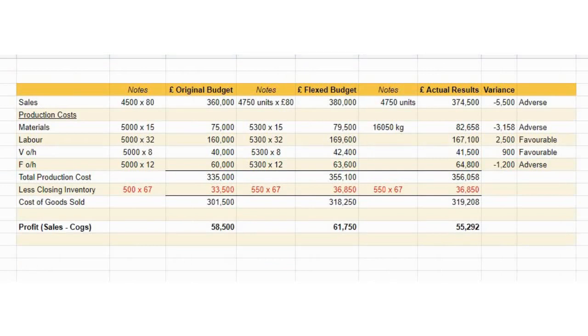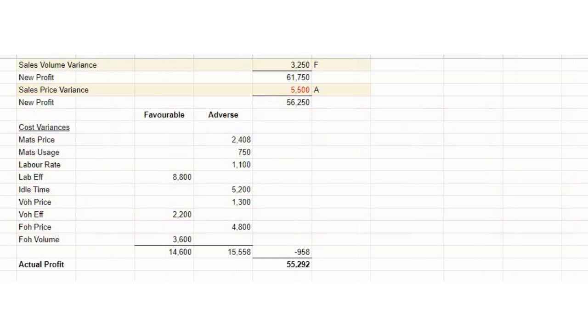If we look at the original table that we made, the original budget, the flexed budget and the actual results, we can see that the actual profit was 55,292. And at a glance, we can see that materials price was adverse and materials usage was adverse, so the managers might want to look at why that is the case.